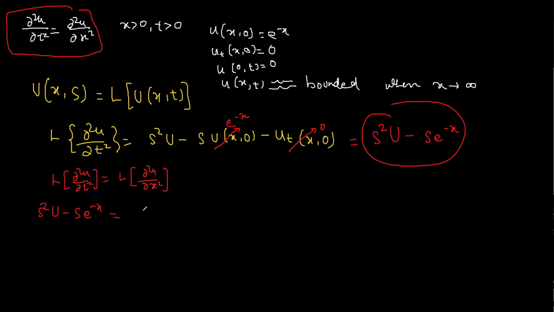Okay, so this will be same. Right? So after rearranging, you will get del square U by del x square minus s square U. You can also write in this way.